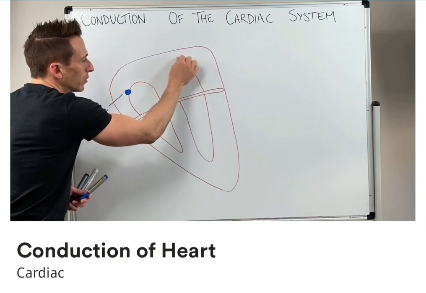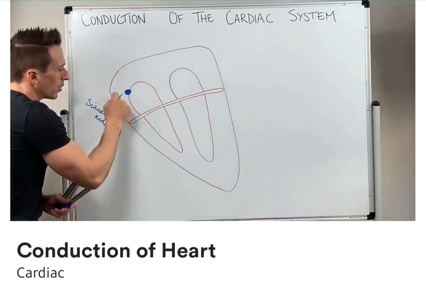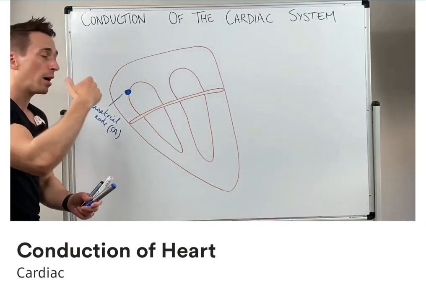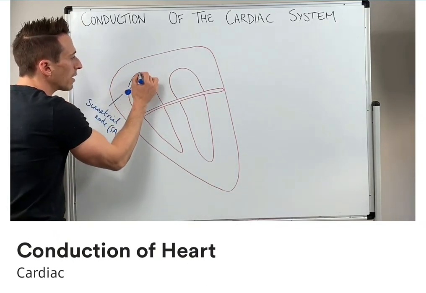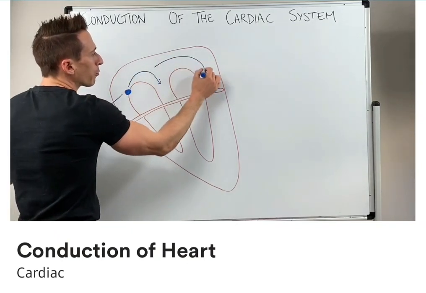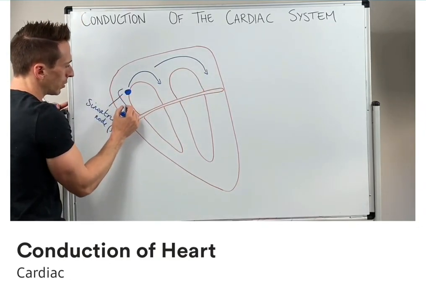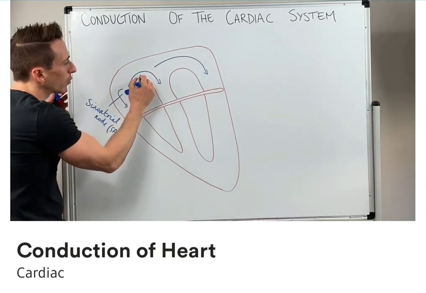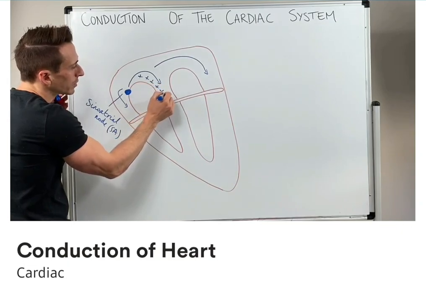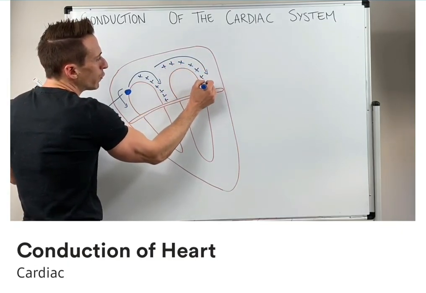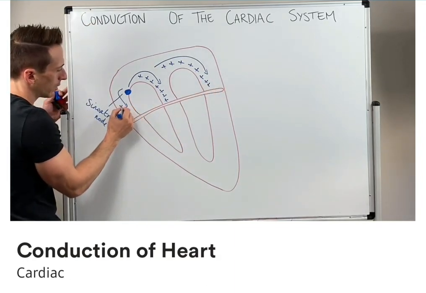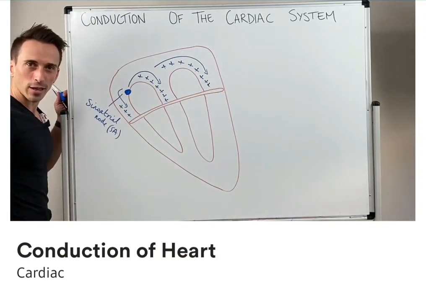So the sinoatrial node tissue is negative, then turns positive and sends a wave of positive charge through the atrial muscle. It goes like this, positive, positive, positive, moving all the way through the atrial myocardium.